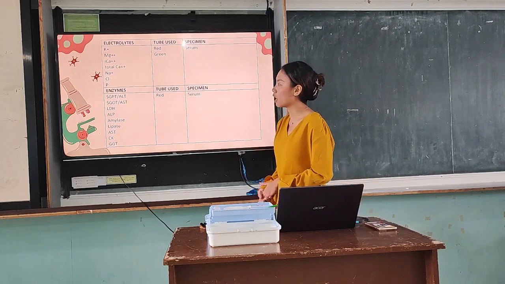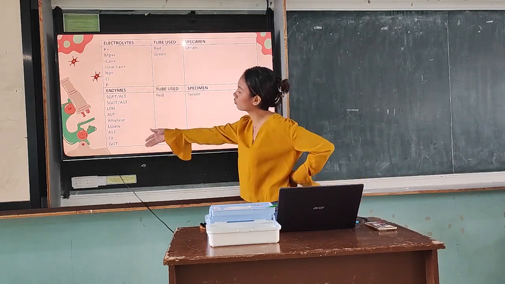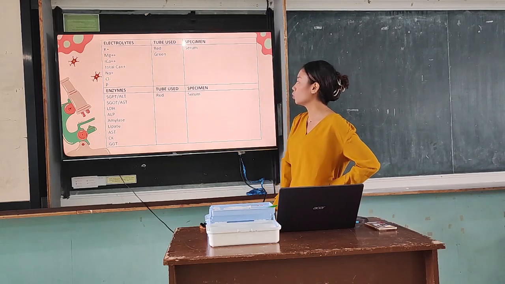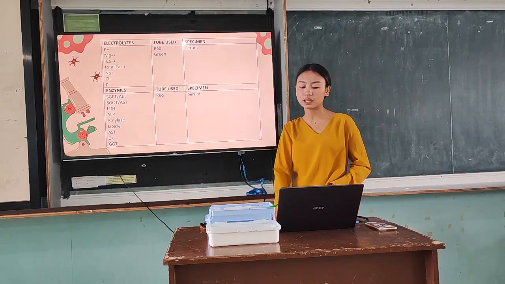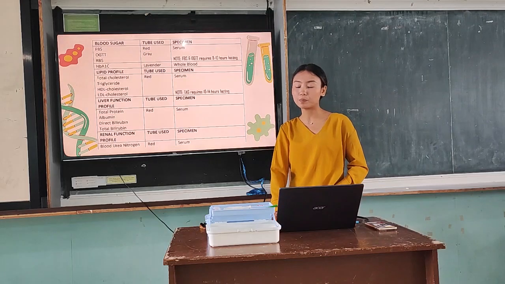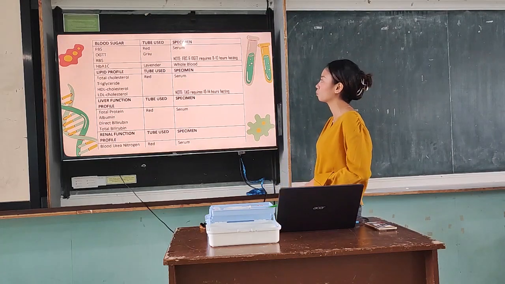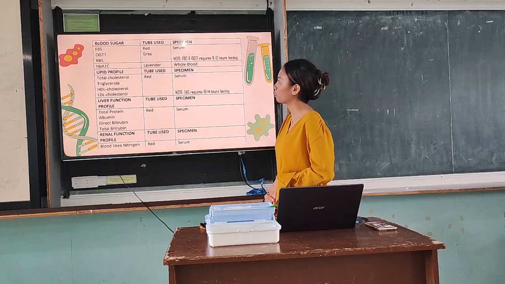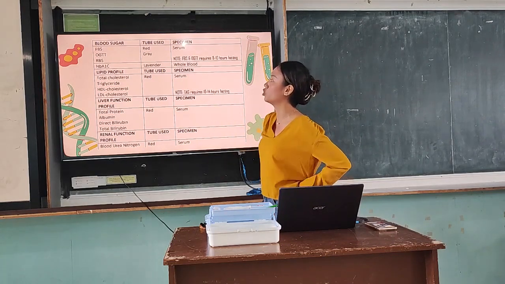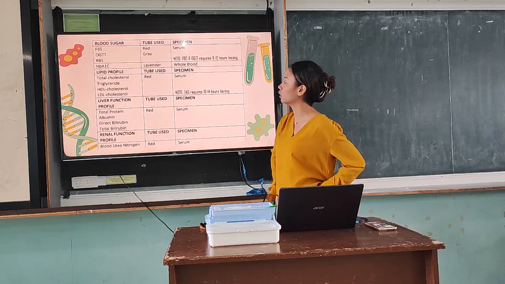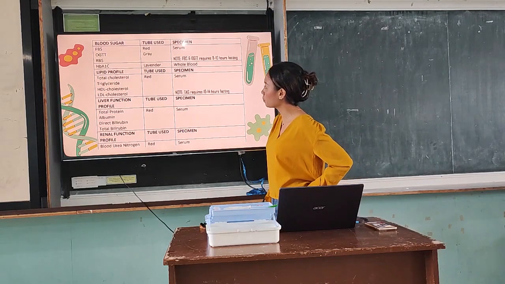Next, we have enzymes. We have here the list of different enzymes. Tube use again, red, specimen serum. Kasi usually talaga kapag chemistry test, red top and yung specimen is serum. So we have here naman for blood sugar, we have FBS, OGTT, different types of blood sugar test, lipid.